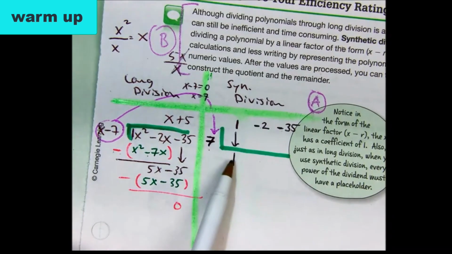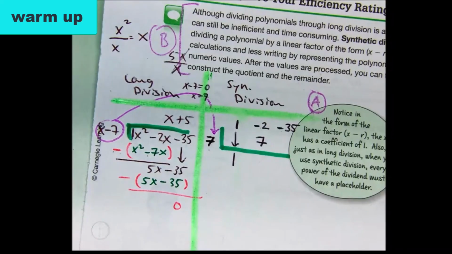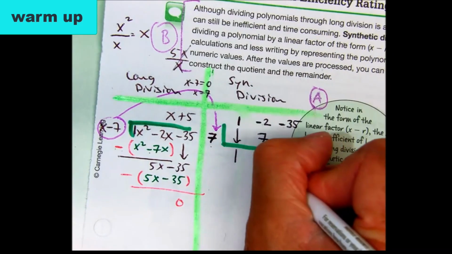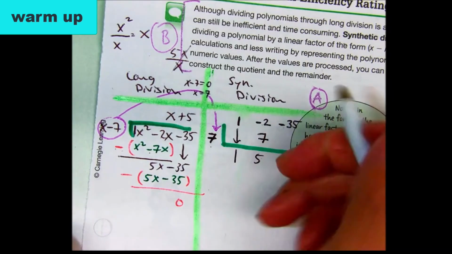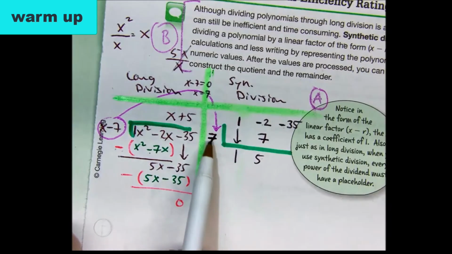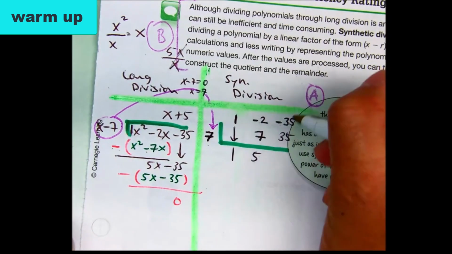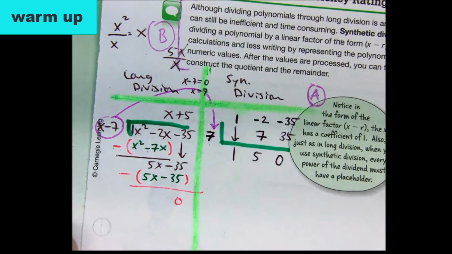Multiply. Subtracting and adding are essentially the same thing. Multiply. 7 times 5 is 35. Add down and you get 0. Oh, it gets better, it gets better. Wait.